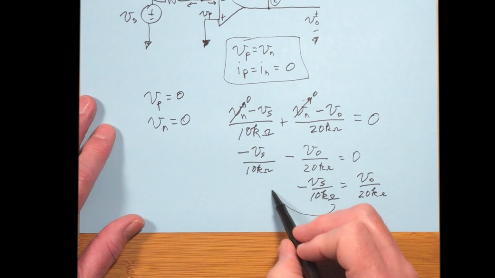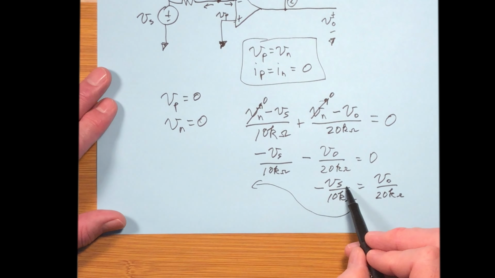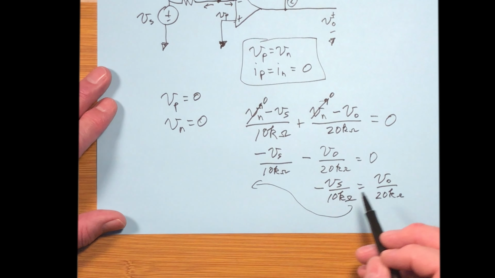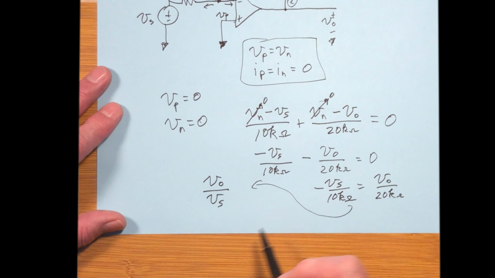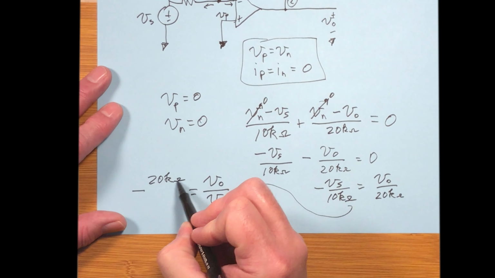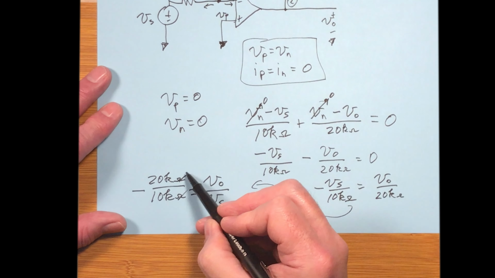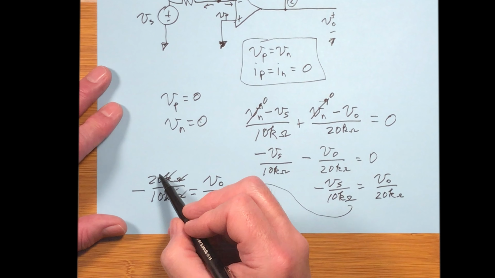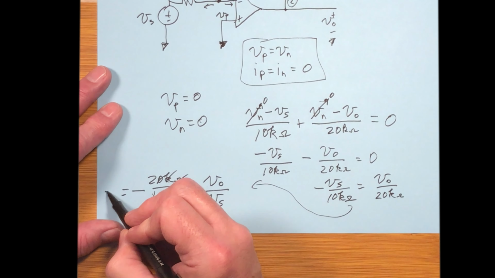I'm going to divide by Vs and multiply by 20k. Then I got V naught over Vs equals minus 20k ohms over 10k ohms. The ohms will cancel, the k's will cancel. I've got 10, the zeros will cancel. I've got -2.